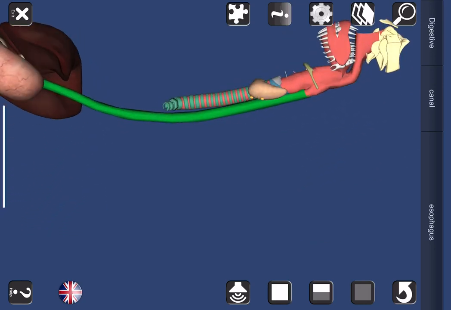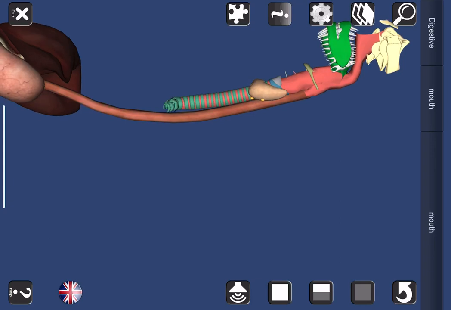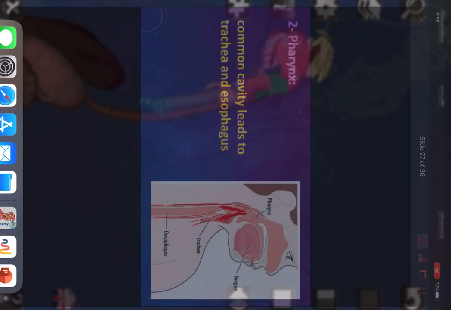As you see here, this is the mouth, and this part is the pharynx, and this part the trachea, and this is the esophagus. So the pharynx leads to the trachea and the esophagus. Okay, let's return to our lesson.